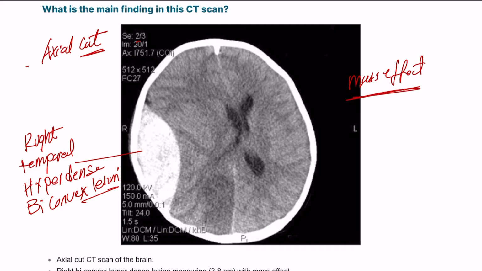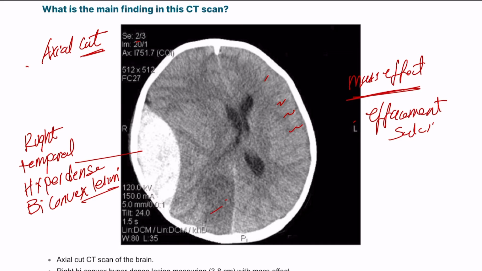And the mass effect is always three things. If you look here, you can still see some of the sulci on one side, but here there is effacement of the sulci. You can't see any sulci around it, so that's effacement of the sulci.